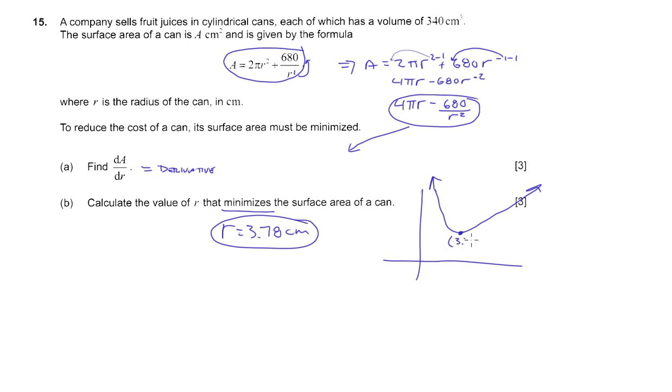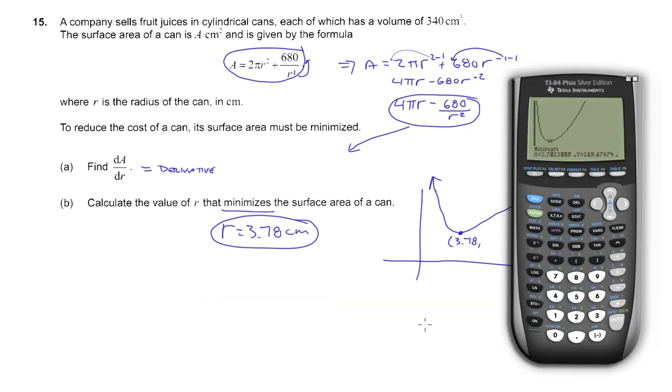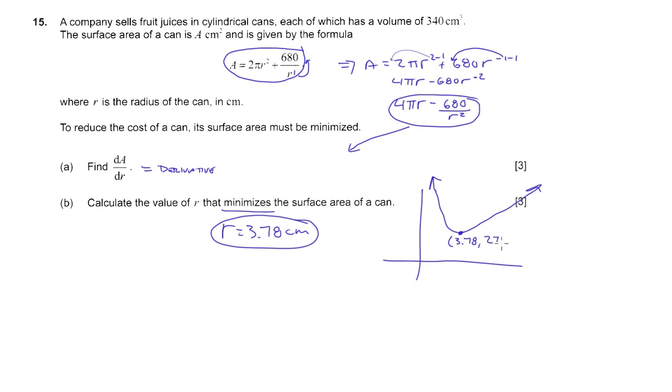So 3.78 and, oops, 270. 270. There's our minimum point there. Okay. This here is going to be our radius. I think we're probably going to be all okay without it, but radius of the can, right, in centimeters.